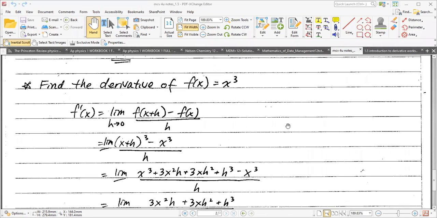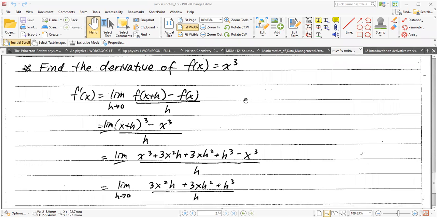Now, the same way you do it for f of x equal to x power 3. So again, the definition of the derivative is f prime equal to the limit of f of x plus h minus f of x, divided by h. What do you do? You need to find f of x plus h, right? What is that? Again, instead of x, you have x plus h.